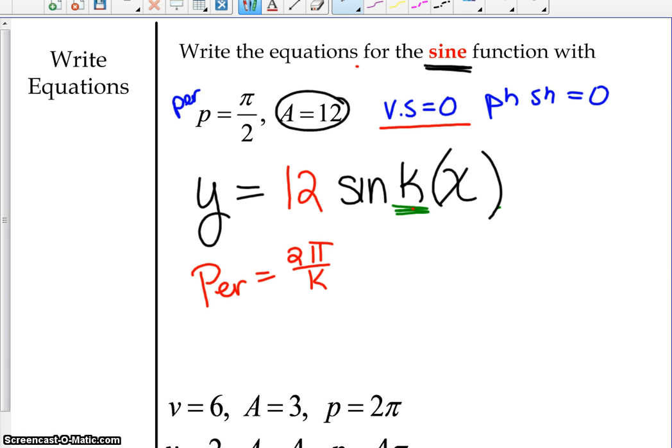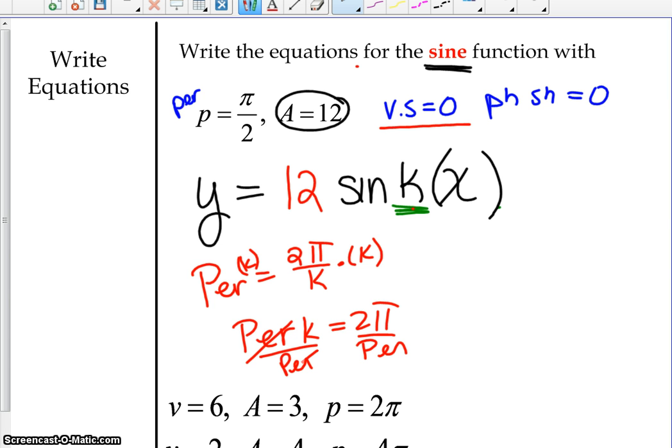If I move that around and multiply by k on both sides, then the period times my k would equal 2 pi. If I divided by the period on both sides, I would have this really important equation: my k will always equal 2 pi divided by the period.